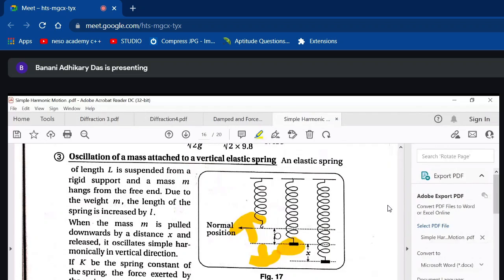Now you deform this and give an additional x displacement, and then you remove the deforming force. As soon as you remove it, the restoring force tries to bring it back to its equilibrium position. It overshoots, comes back, overshoots, comes back, and goes up and down like this.